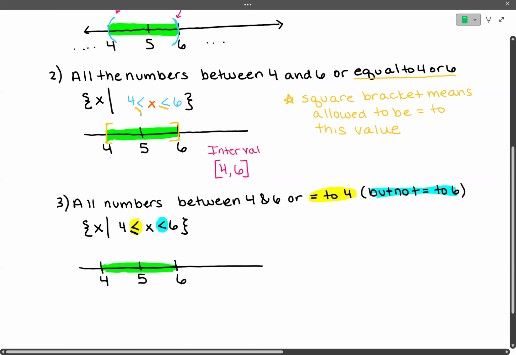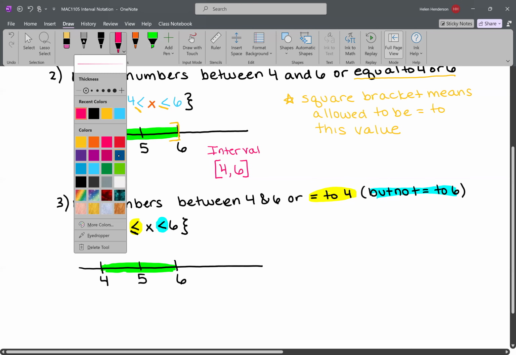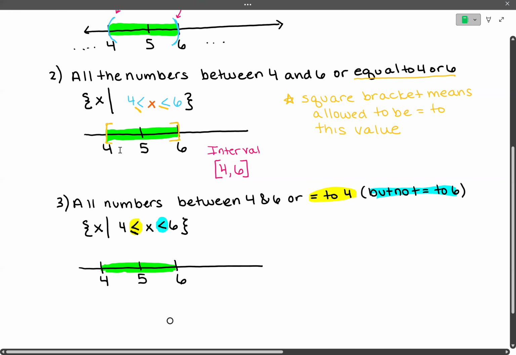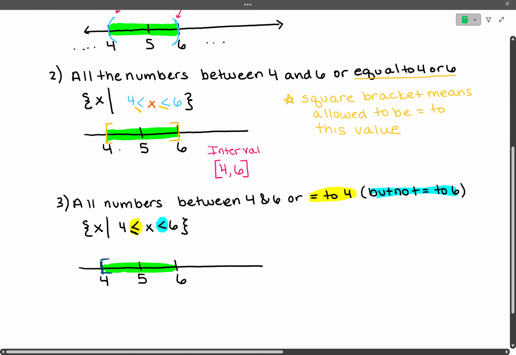But now I need to tell my reader, hey, you're allowed to be equal to 4, but you're not allowed to be equal to 6. So I'm going to put the allowed to be equal to notation on my number line, which is a square bracket. And then on 6, I'm not allowed to be equal to, so I'm going to use a parentheses.